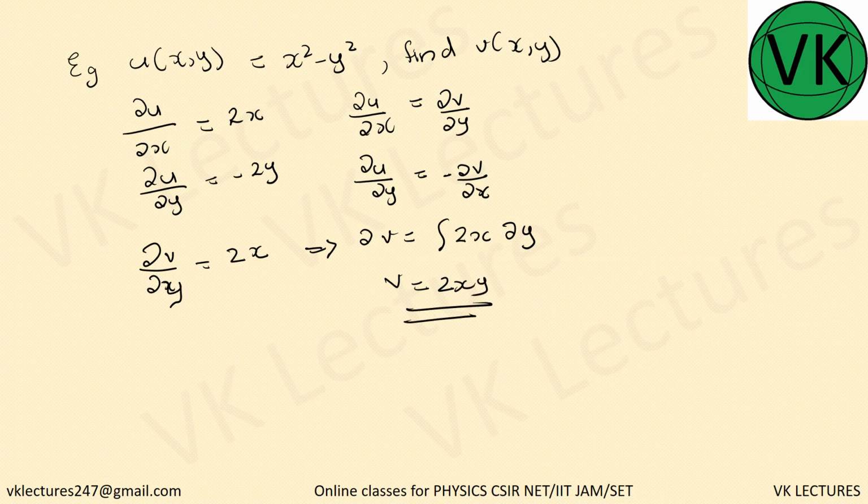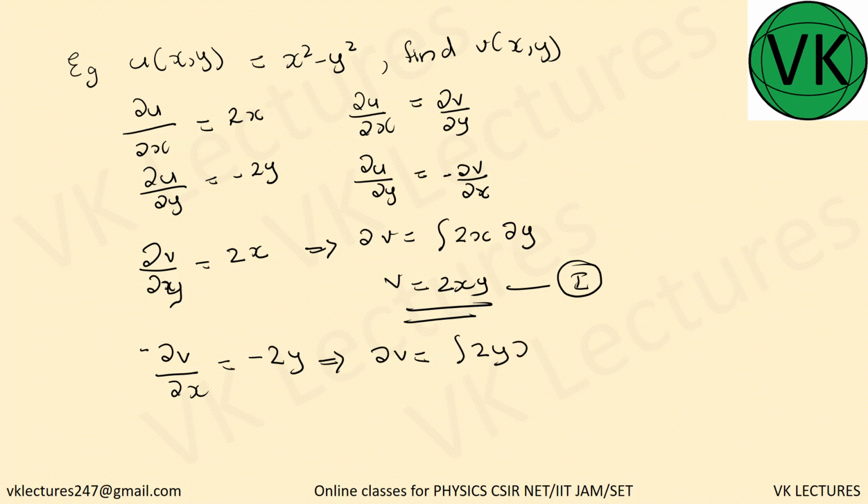This is the first integration answer. Then similarly, minus dou v by dou x is equal to minus 2y. So that is dou v is equal to integral of 2y dou x, which is equal to v is equal to 2xy.